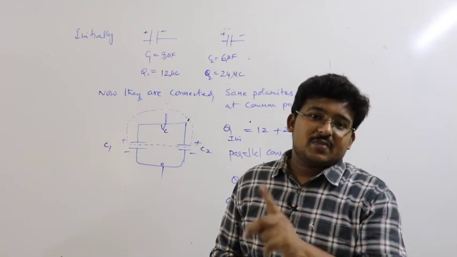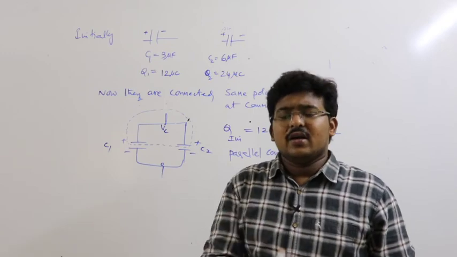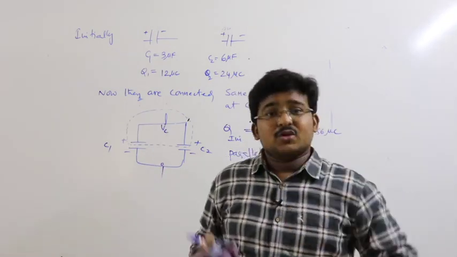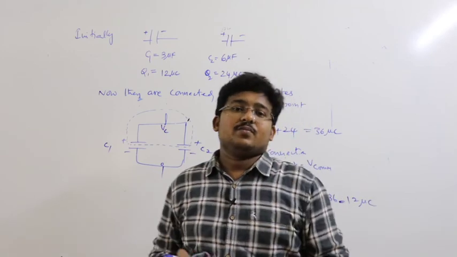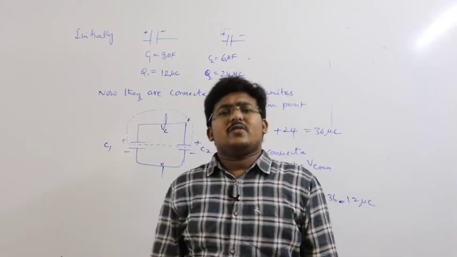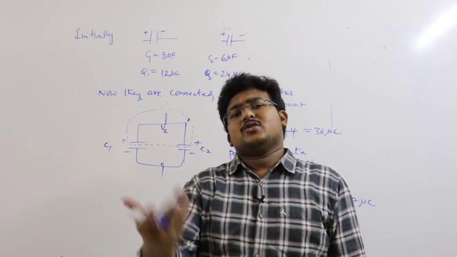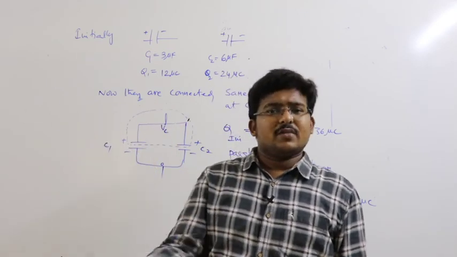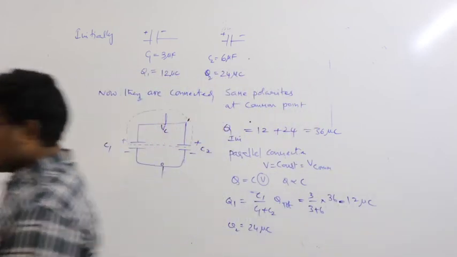Okay? If plus plus is taken, total charge you can add. If plus and minus is taken, you just subtract. Or, sir, we can use the formula. You can use the formula V common equals C1 V1 plus C2 V2 by C1 plus C2. There also you can get the answer.